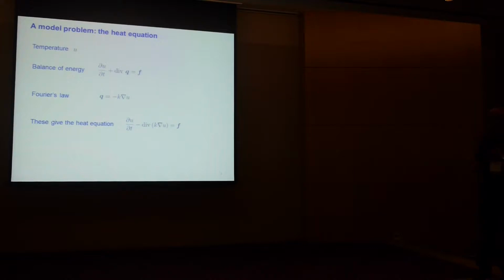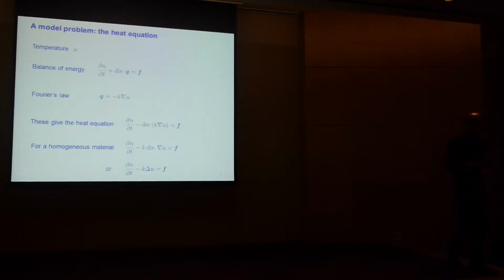If the material is homogeneous, in other words, if the properties do not vary with position, then I may take the k out of here, and the equation takes this form. All right, so that's how we would go about obtaining the heat equation.